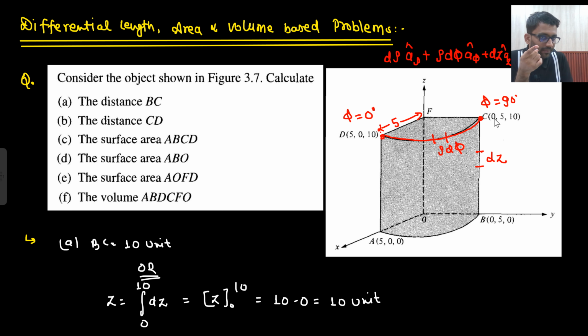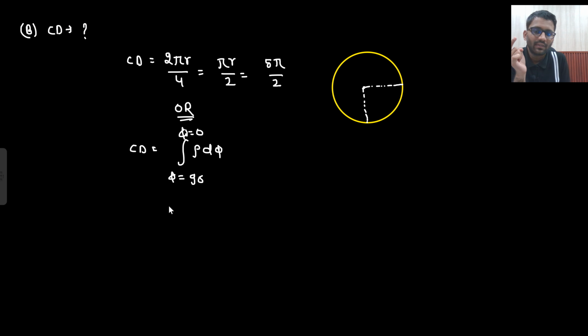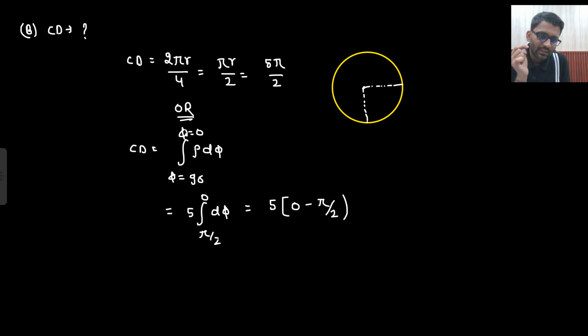So 5 will come out, d phi from pi by 2 to 0. If you solve it, what are you going to get? 0 minus pi by 2. So what is the answer? Minus 5 pi by 2. But length cannot be negative, so we have to take the magnitude. So CD would be 5 pi by 2.